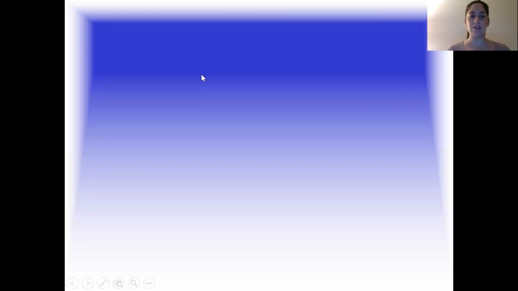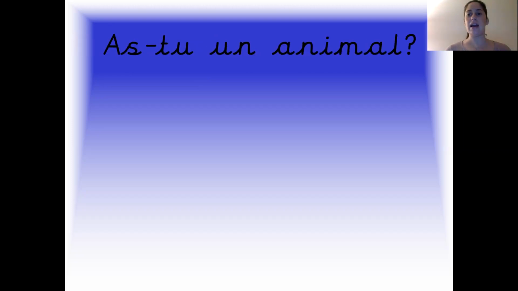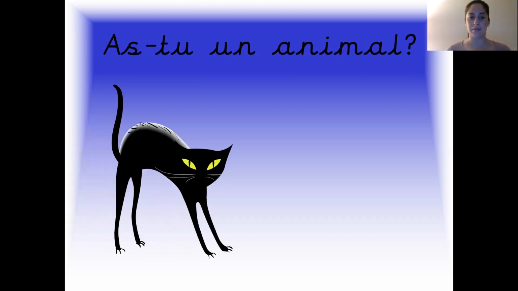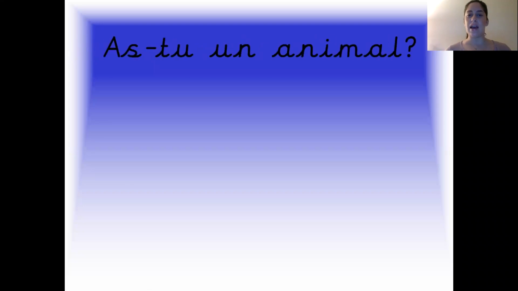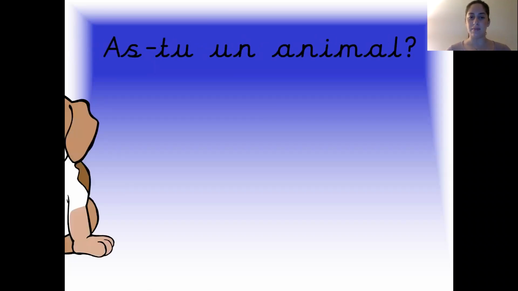Okay. Now we're going to answer some questions. A question that asks, as-tu un animal? Do you have an animal? And then we're going to respond with, yes, I have this animal. As-tu un animal? How would we say, yes, I have a cat? Oui, j'ai un chat. As-tu un animal?